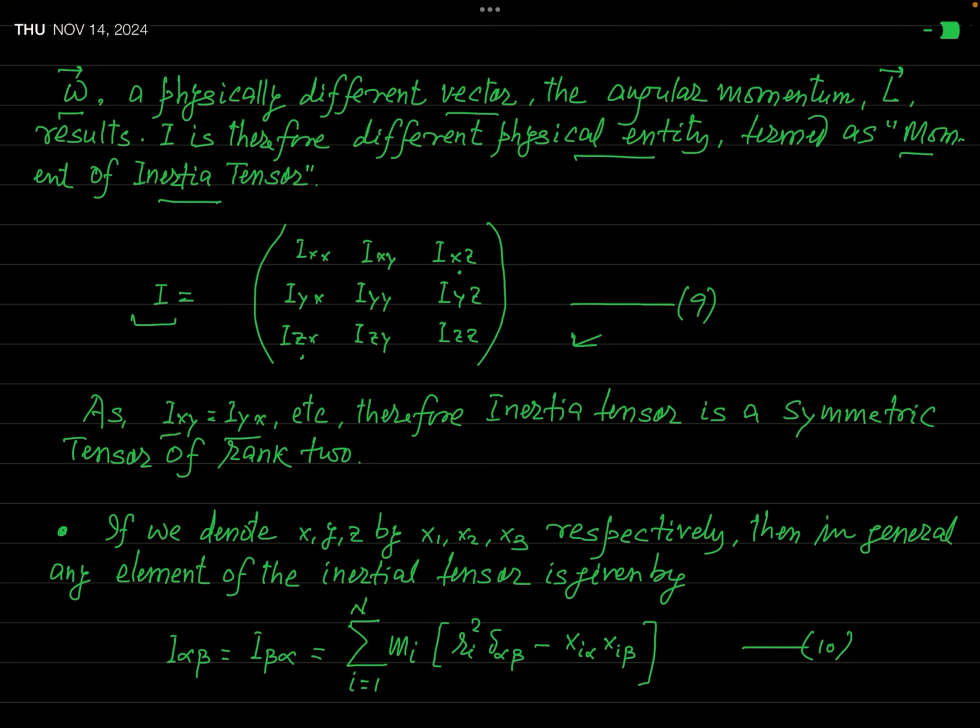Ixy is equal to Iyx. Iyz is equal to Izy. So this is a symmetric tensor. As the number of components of this tensor in 3D space is 9, it is a tensor of rank 2.